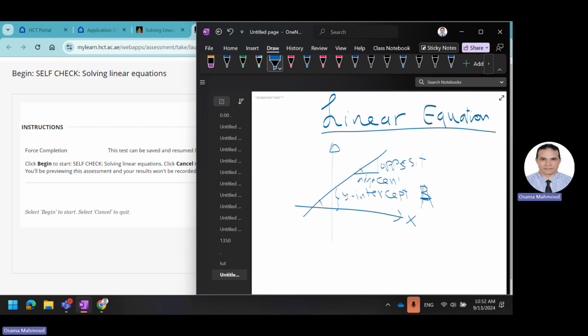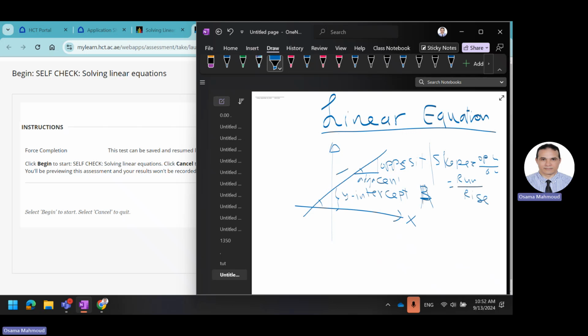Which is the same as this angle with the x-axis. So this is the slope of any linear equation, equal to the opposite over the adjacent. Sometimes they call it the rise over the run, right? So this is the slope.